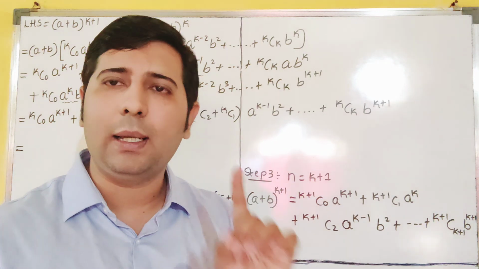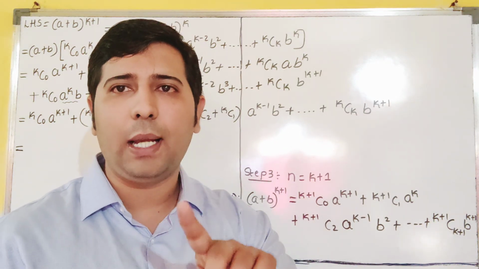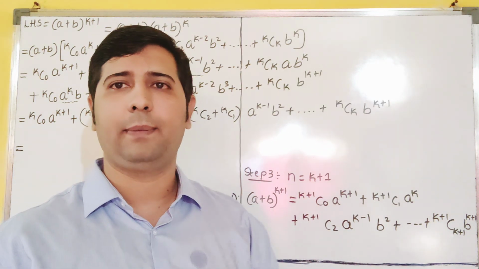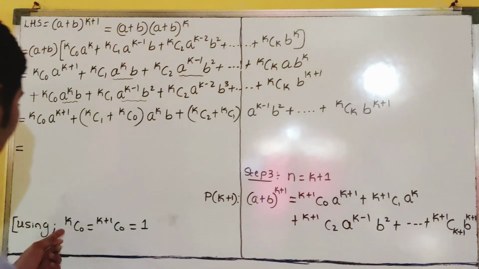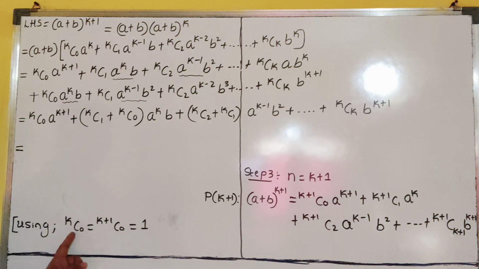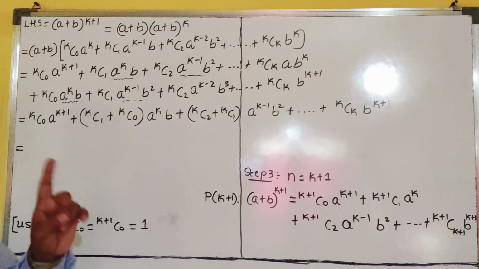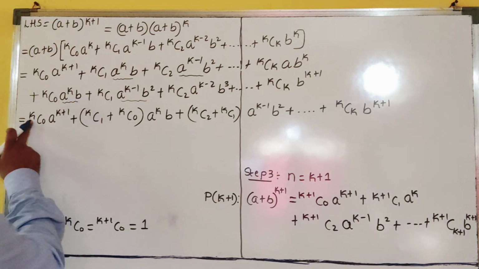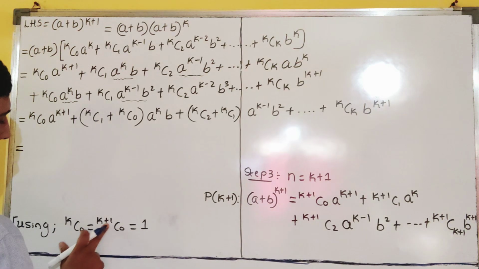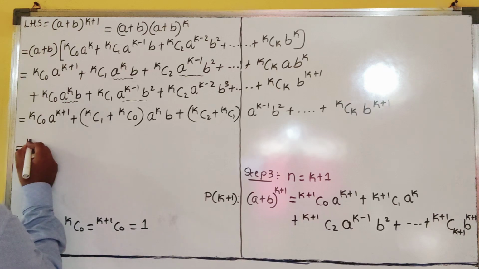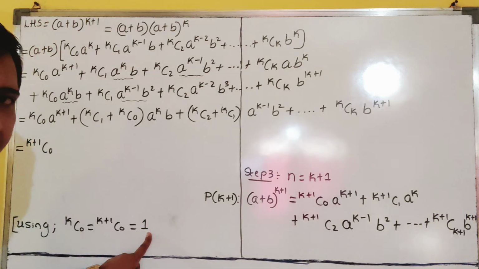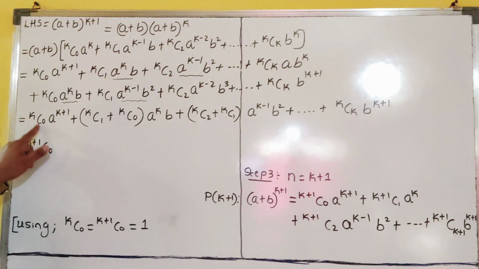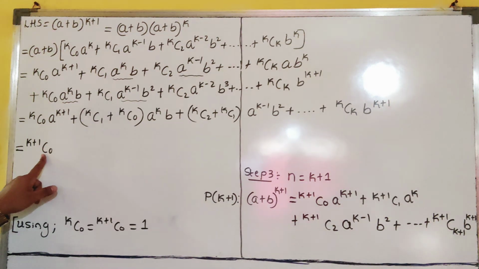The value of both is 1. So can I write kC0 as k plus 1 C0? k plus 1 C0 is also 1. So I can write kC0 as k plus 1 C0.